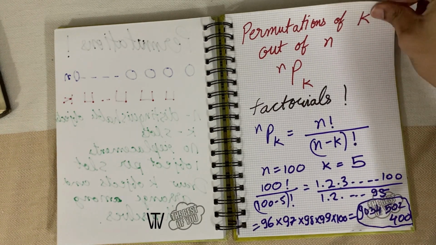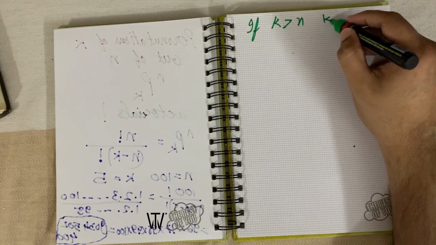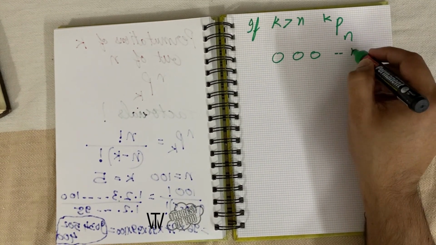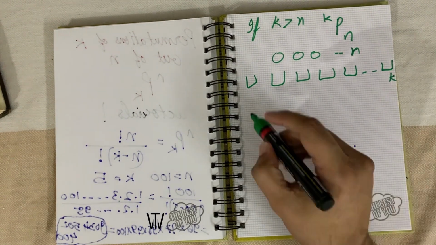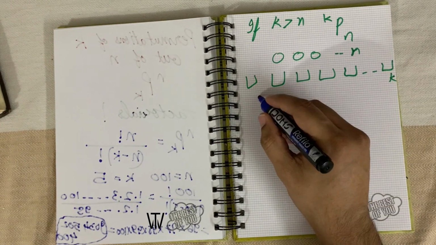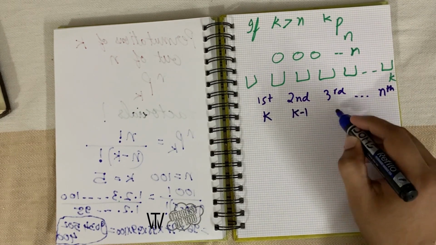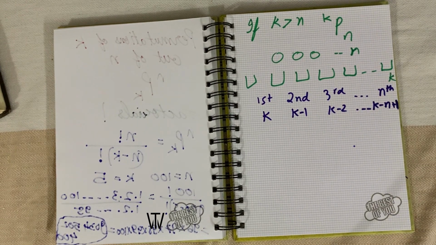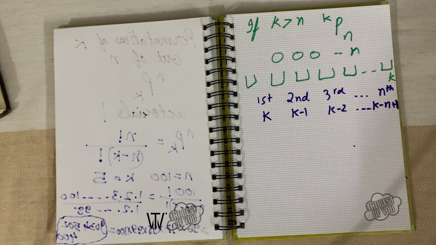If the number of slots is greater than the number of objects, that is, k is greater than n, then the slots can be filled in kPn ways. It is easy to see. The first object can go into any of the k slots, the second in any of the remaining k minus 1, the third in remaining k minus 2, and so on. The last object can go into any of the remaining k minus n plus 1 slots.